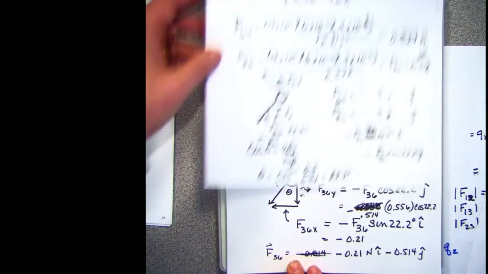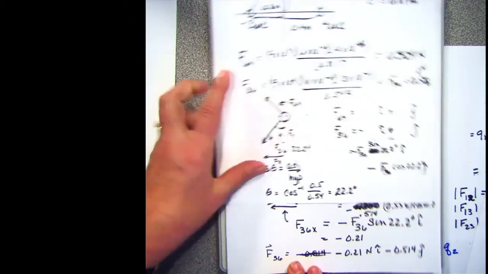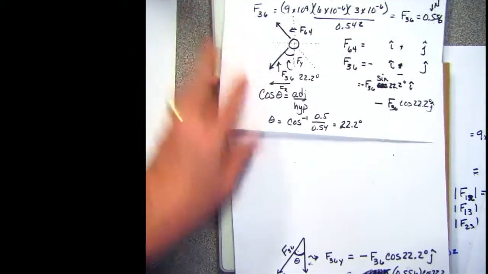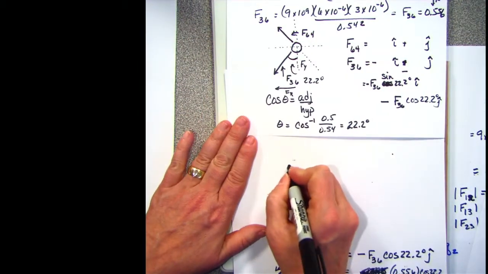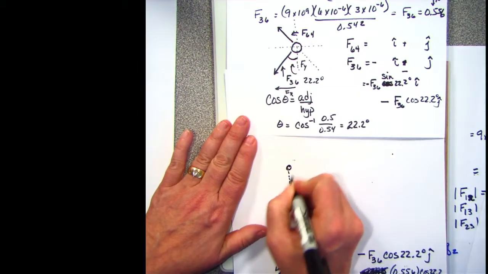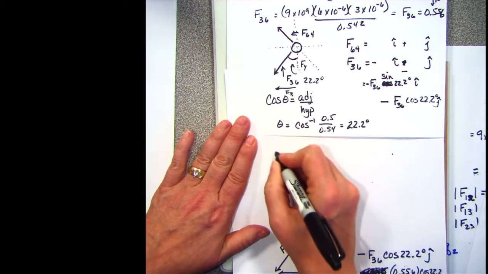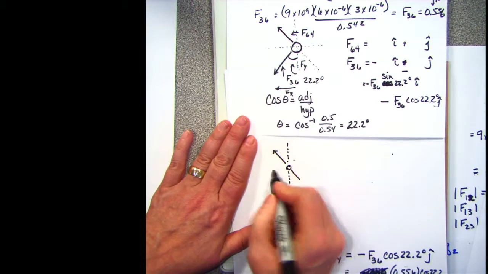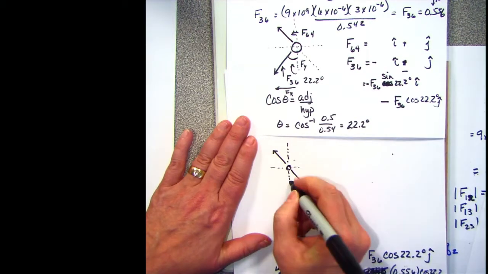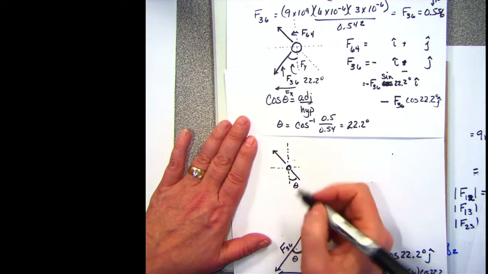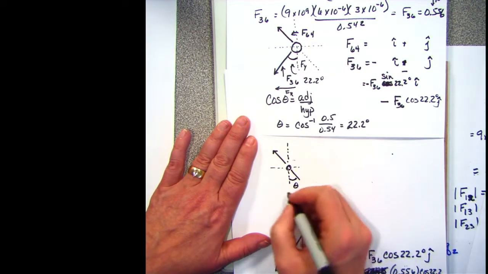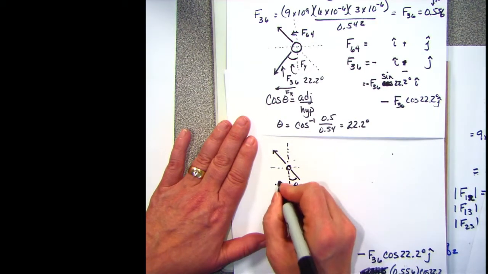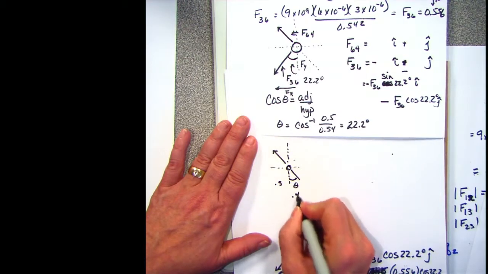I can do the same thing for this vector. So let's look at that vector. This time this one is being repulsive. I can find this angle doing the same thing that I did there. This side was 0.5, this side is 0.4.